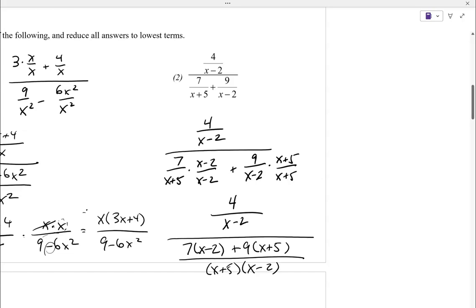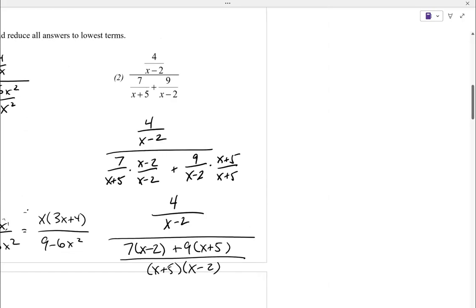Now we have a whole single fraction here, but I think it's probably a little bit easier if we go ahead and simplify this first before we go ahead and flip it. Just make it look a little bit nicer. We can distribute the 7 and distribute the 9 and combine like terms. Let's do that first. Didn't leave a lot of room on that page for this one.